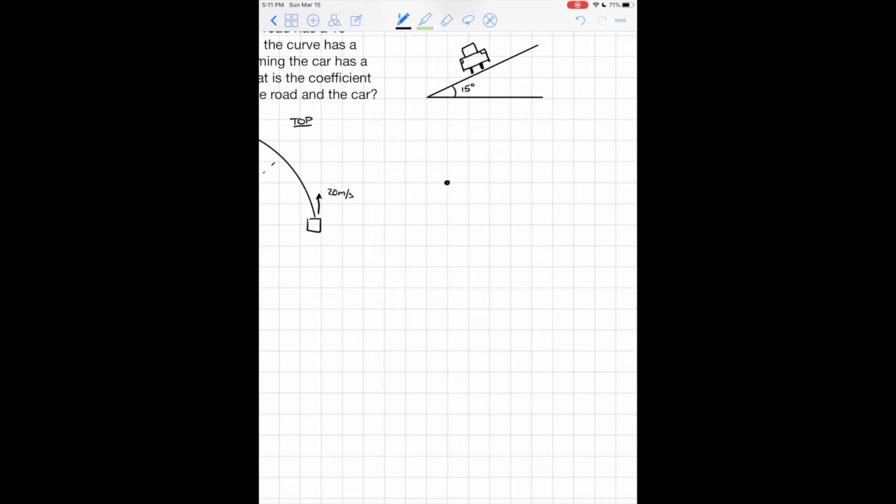Let's draw just our car here as a dot. The easy force to remember is always going to be gravity. It points straight down, mg. Our normal force is going to be at some angle here. Call it Fn. And I should probably have another force. Probably going to have friction.